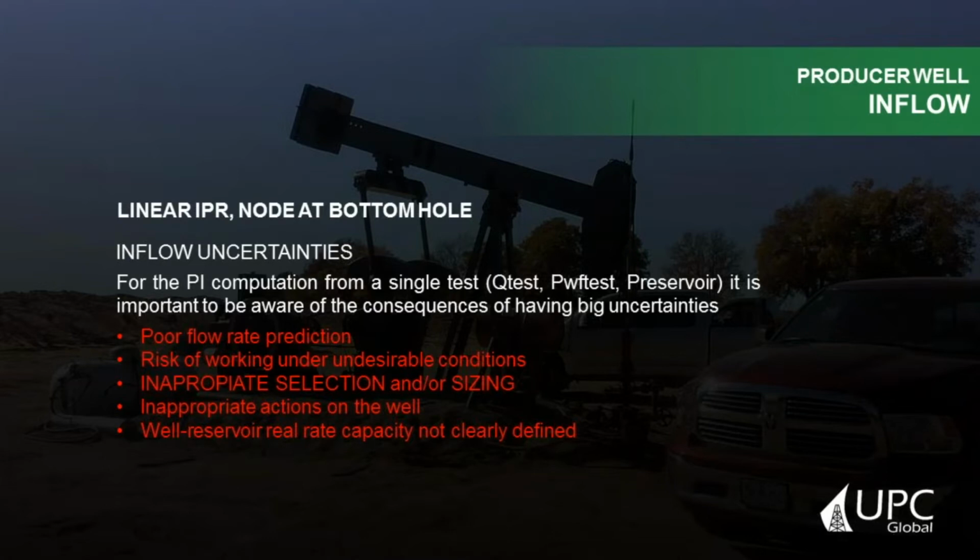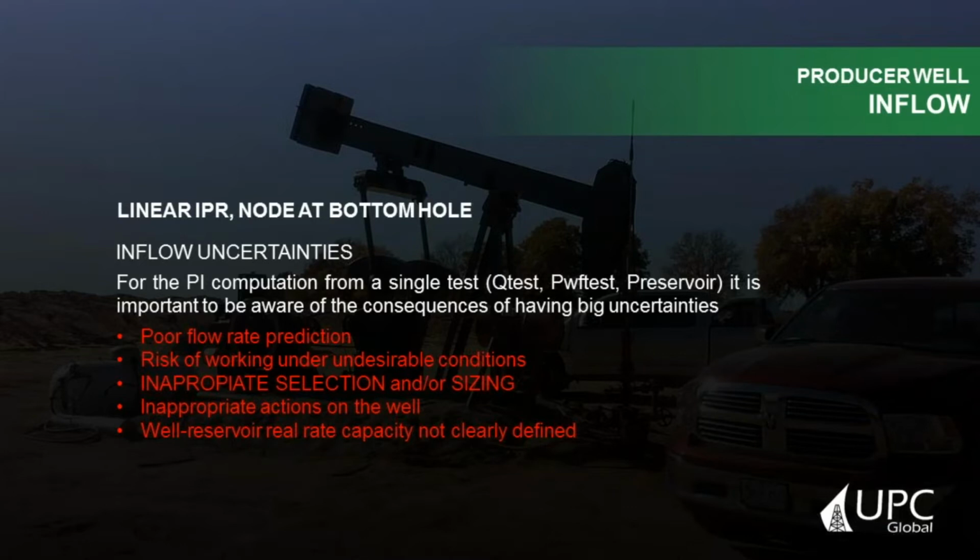So when we compute the uncertainty for a production test, having the rate, the bottom hole pressure, and the reservoir pressure, we have to be aware of the uncertainty. Having big uncertainty, what are the consequences?